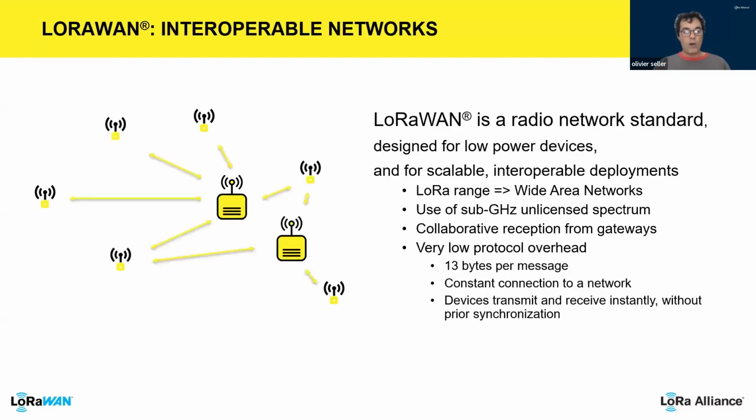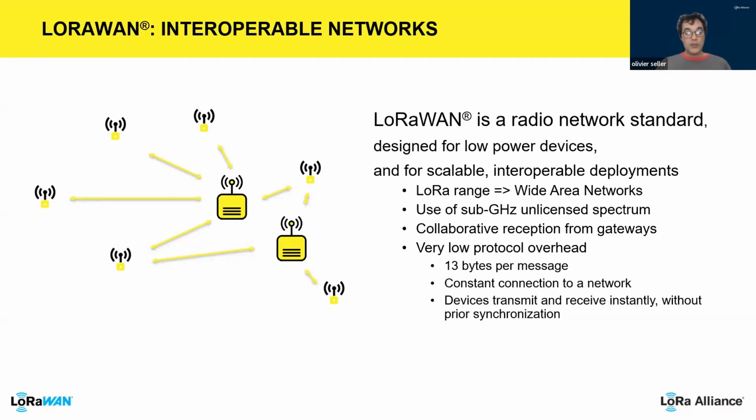So LoRaWAN is a radio network standard for point-to-multipoint, interoperable, scalable networks between many end devices and gateways. It uses LoRa as a physical layer for range and low power operation of the end devices.